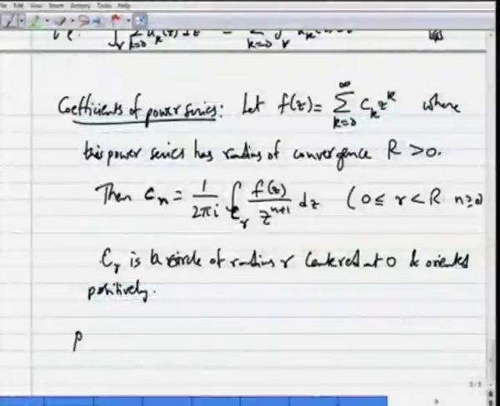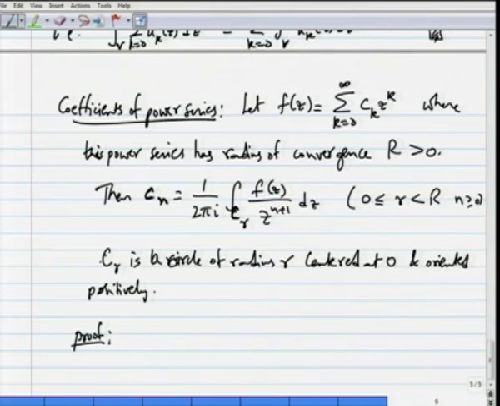The constants are given by c n equals 1 by 2 pi i, the contour integration of f of z divided by z power n plus 1 over the contour C r, where C r is a circle of radius r strictly less than the radius of convergence, oriented positively. Let us see the proof of this lemma, and it goes as follows.